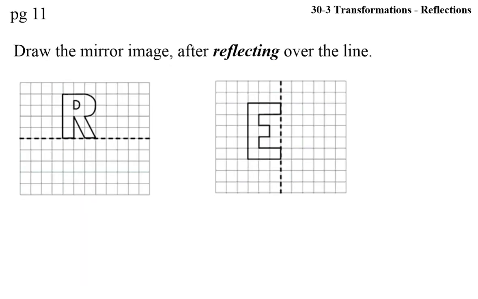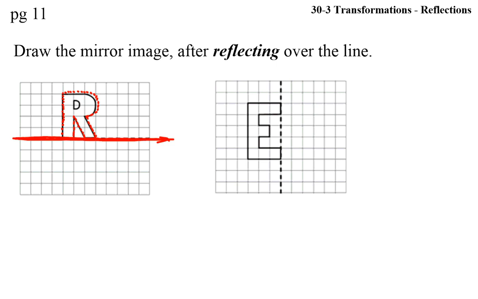All right, so let's do a couple. Not overly complicated, I don't think, I hope, but let's see what it looks like. Here, we want to draw the mirror image after reflecting over the line. So we see, to start with, we want to reflect this R, and there's our line of reflection, so everything has to be equidistant. Now, the key: every single point on that R technically has to reflect.